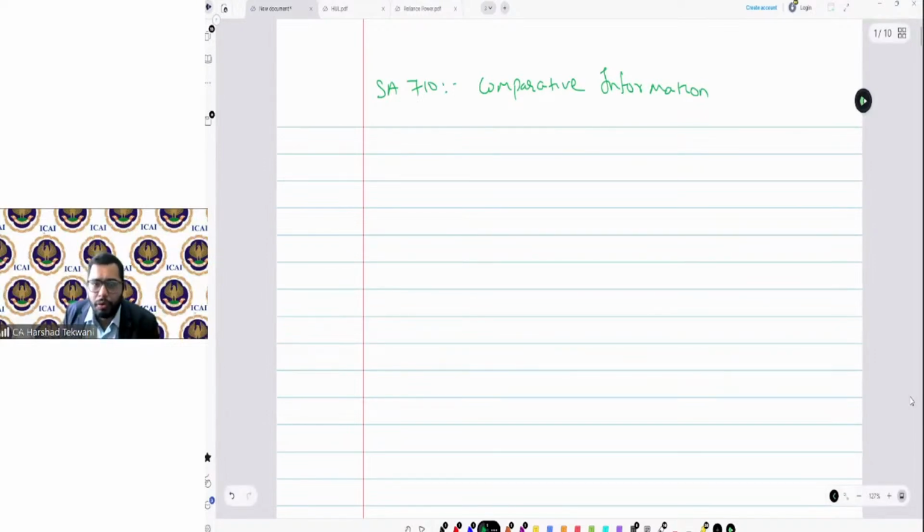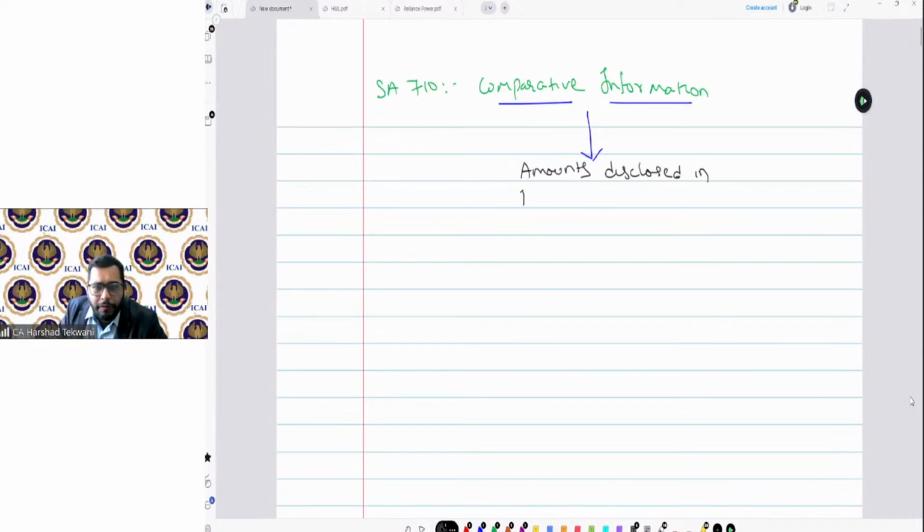So comparative information means amounts disclosed in the financial statement for one or more prior periods, as per the applicable financial reporting framework.